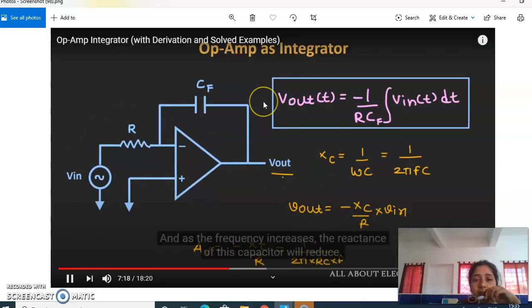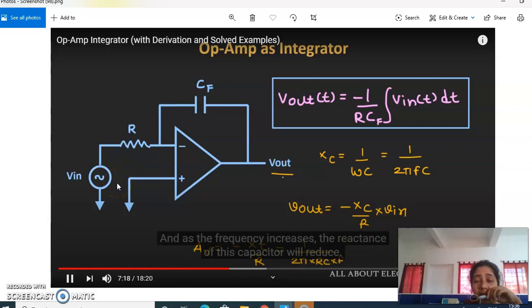So next one, here just see, when we consider the reactance of the capacitor, instead of taking the feedback resistor, we consider the feedback capacitor, right? The reactance of the capacitor is given by Xc equal to 1 by omega C, that is equal to 1 by 2 pi f into C, in place of omega. Now we can write the output voltage V out equal to minus Rf by R1 into V in, because this is an inverting op amp.